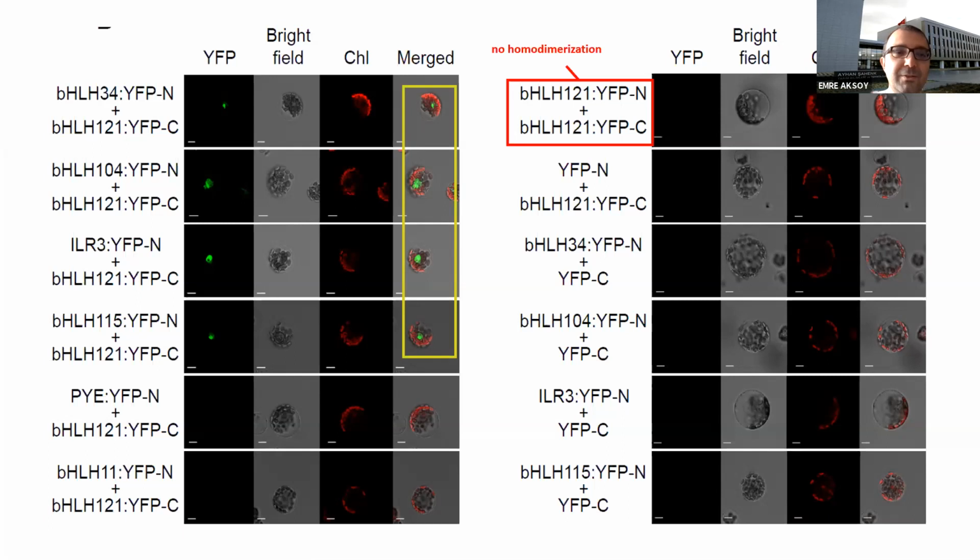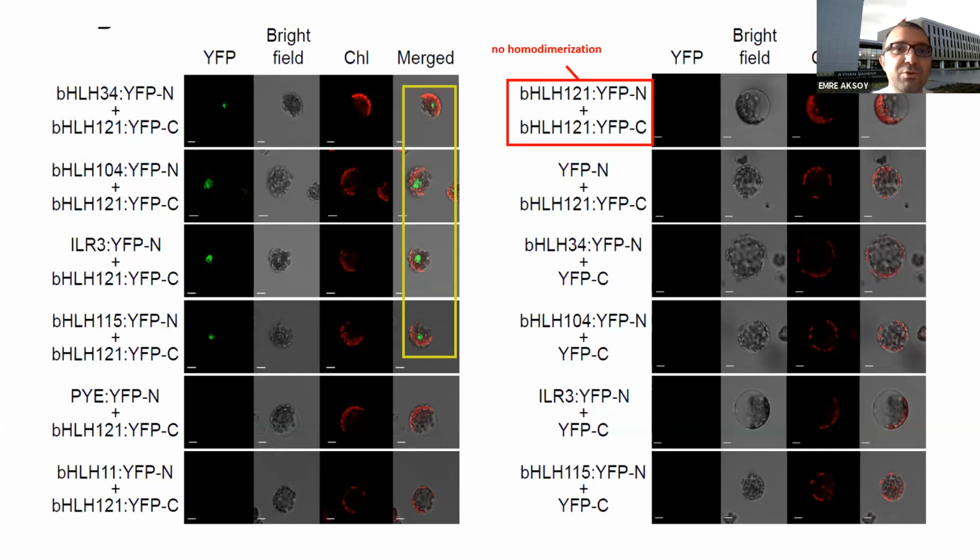On the left side, you have the YFP image, representing the interaction. I don't know what type of microscope they used, I think it is a confocal microscope. In a confocal microscope, you can use the green channel for the YFP signal, then take the bright field image under normal light like a compound microscope, and then take the image in the red wavelength for the chlorophyll autofluorescence.